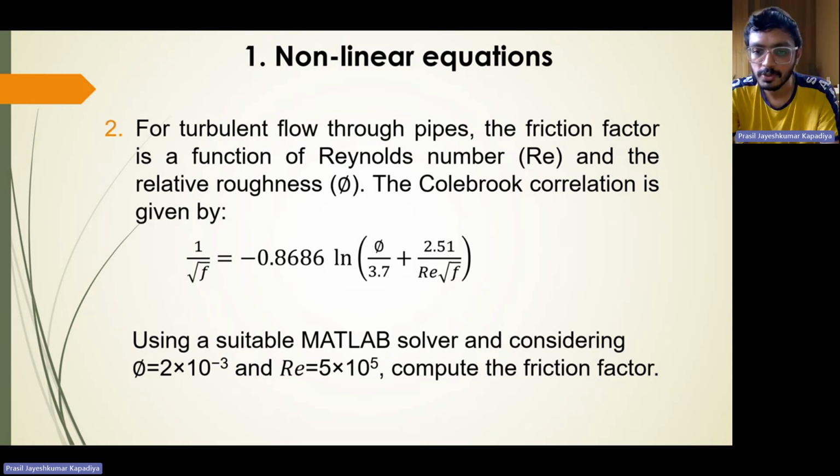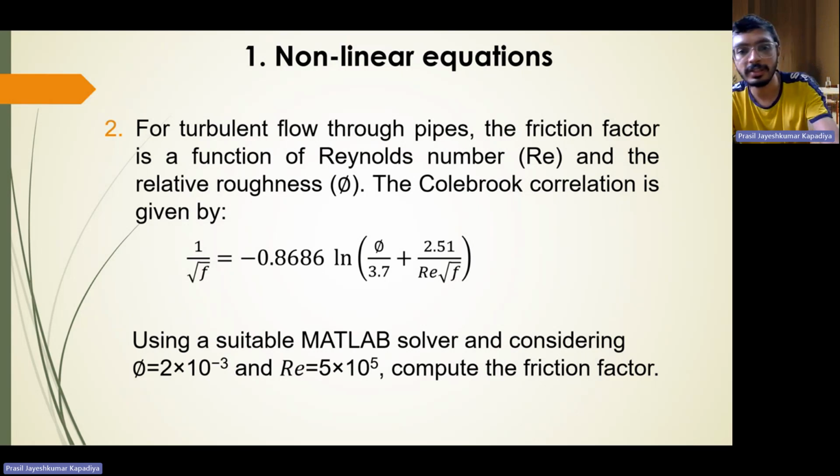Using a suitable MATLAB solver and considering phi is equal to 2 into 10 raised to minus 3 and Reynolds number is equal to 5 into 10 raised to 5, compute the friction factor. Here it's written suitable solver. So can we use the roots solver? No, we can't use roots because this is not a polynomial equation. So we can use either the fzero or fsolve command.